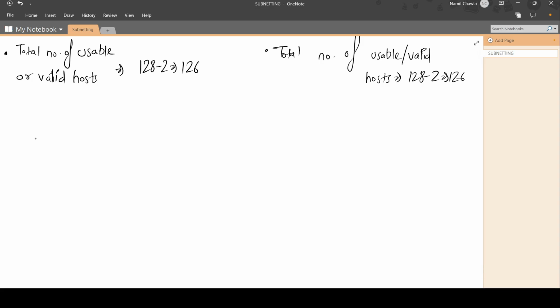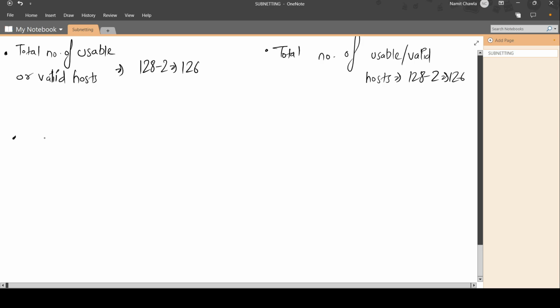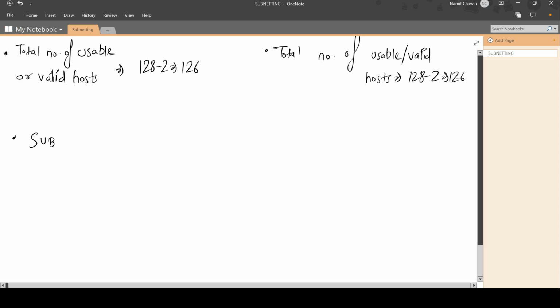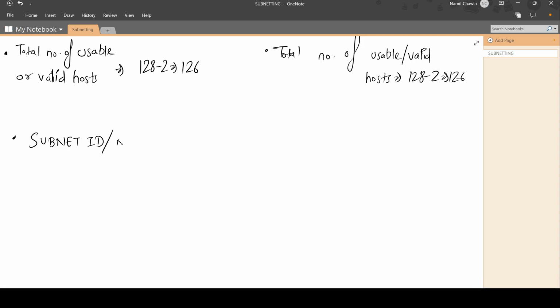Now the starting address was 192.193.194.0, which is nothing but the subnet ID or network address of the first subnet. Okay, so I'll write subnet ID or network address of first subnet, which is 192.193.194.0.